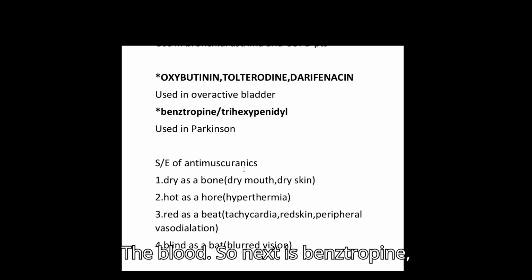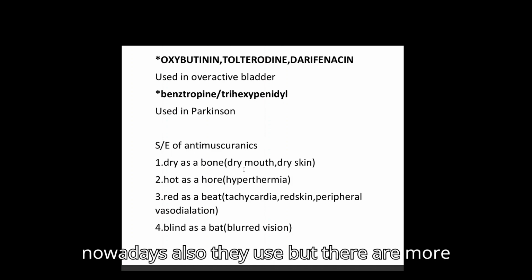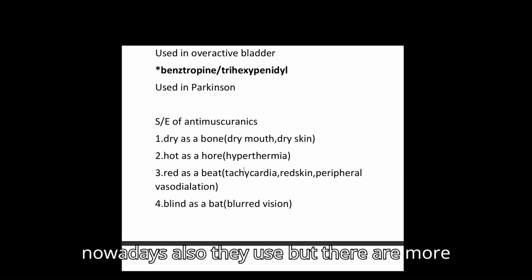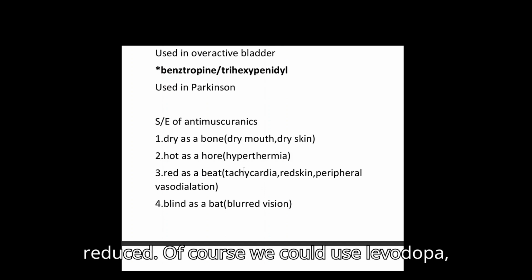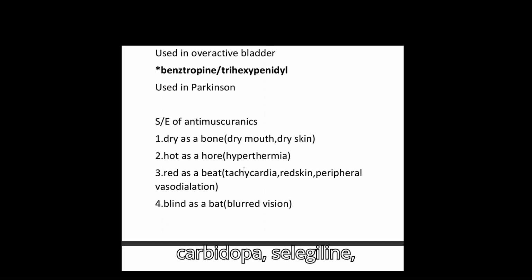Next are benztropine and trihexyphenidyl, used in Parkinson's. Nowadays there are more advanced drugs that we use for Parkinson's, but these are also used as anticholinergic drugs. In Parkinson's there is an imbalance between acetylcholine and dopamine: more acetylcholine and dopamine is reduced. Of course, we could use levodopa, carbidopa, selegiline, rasagiline like drugs.